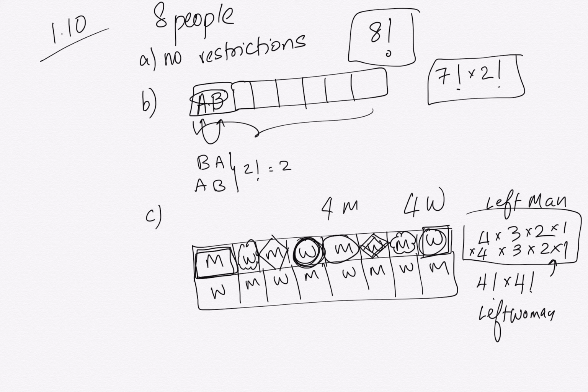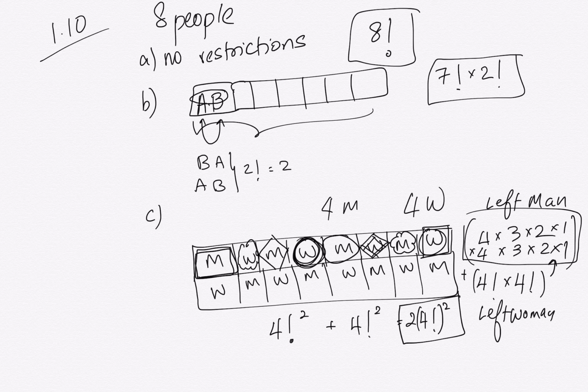And you cannot have both. It's not a multi-stage experiment. So what do you do? It's either this or that. So you then add them. So the answer over here is 4 factorial squared plus 4 factorial squared, or 2 times 4 factorial squared.